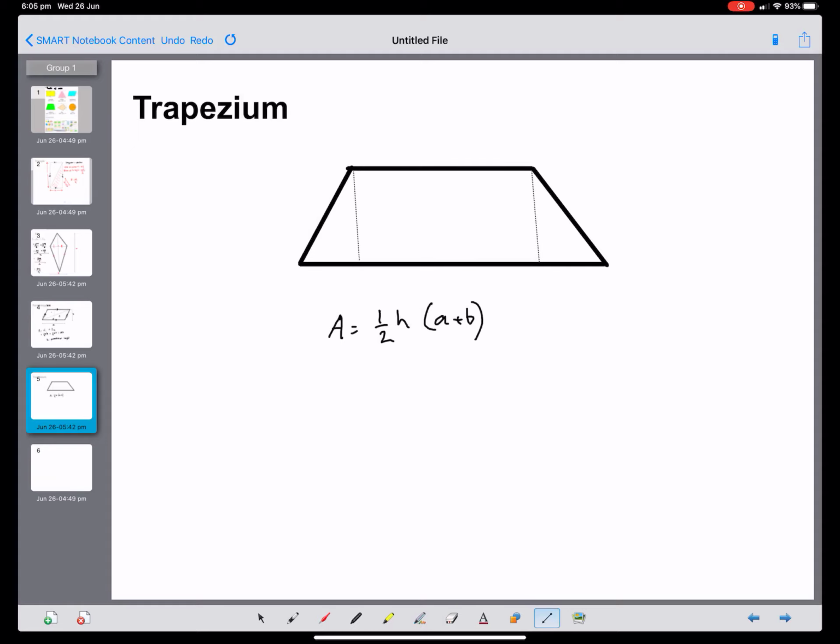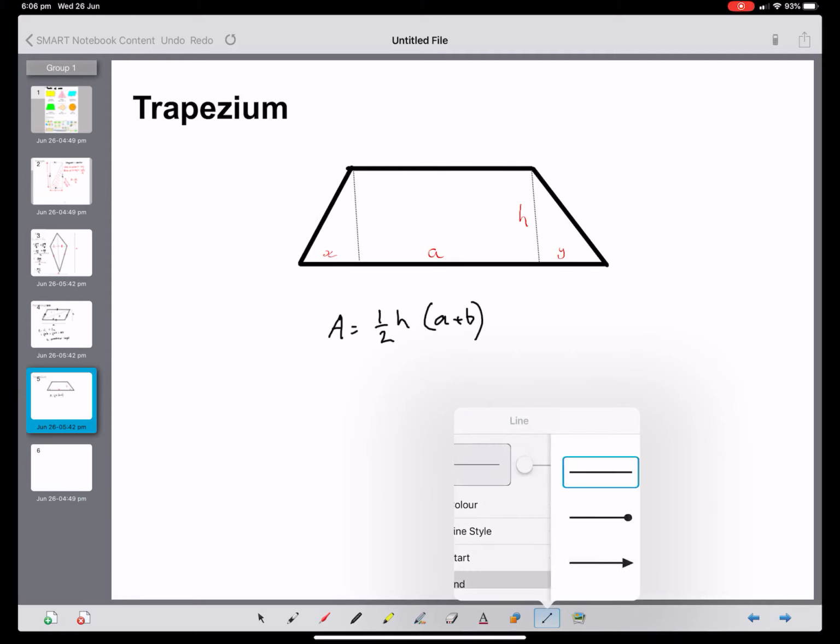So let's call the height H. Let's call the length here A. And let's call these two lengths X and Y. Now let's be really clear here, and let's add some arrows in so that we can show what we're measuring here.